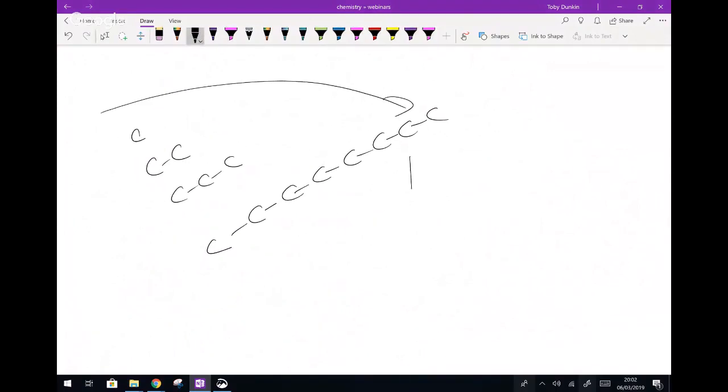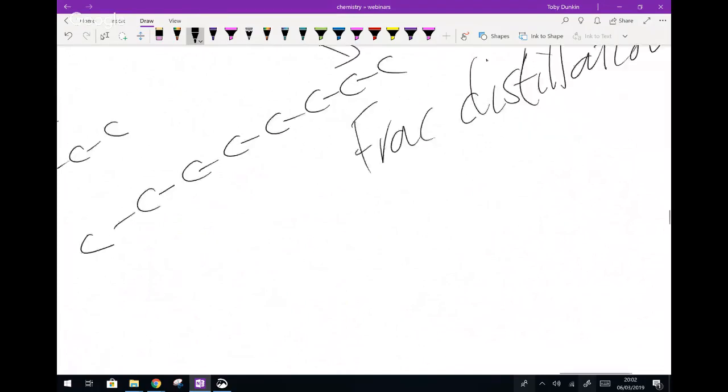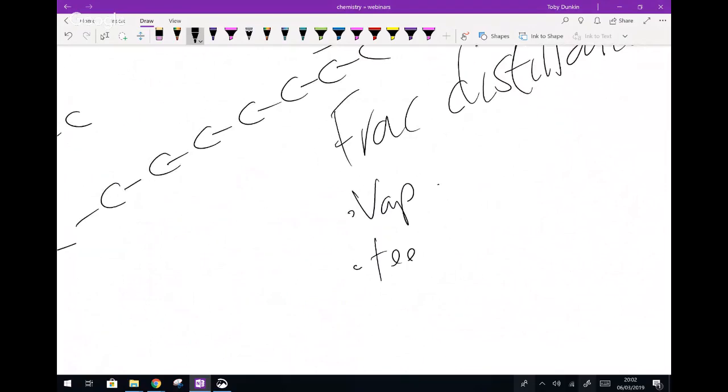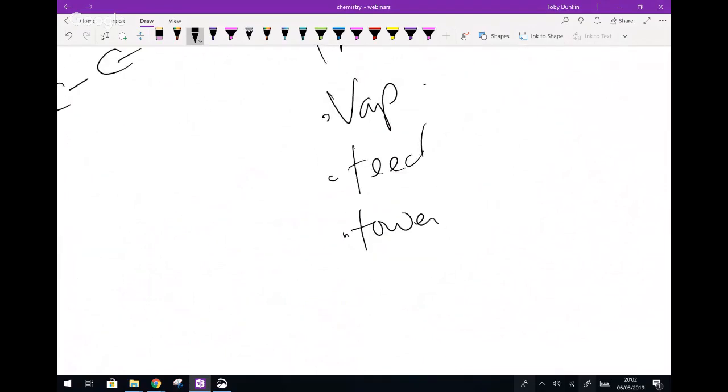So we come across fractional distillation of crude oil, and we run our 6 points. Vaporize. Tower has a temp gradient. Tower is hot bottom, warm top.